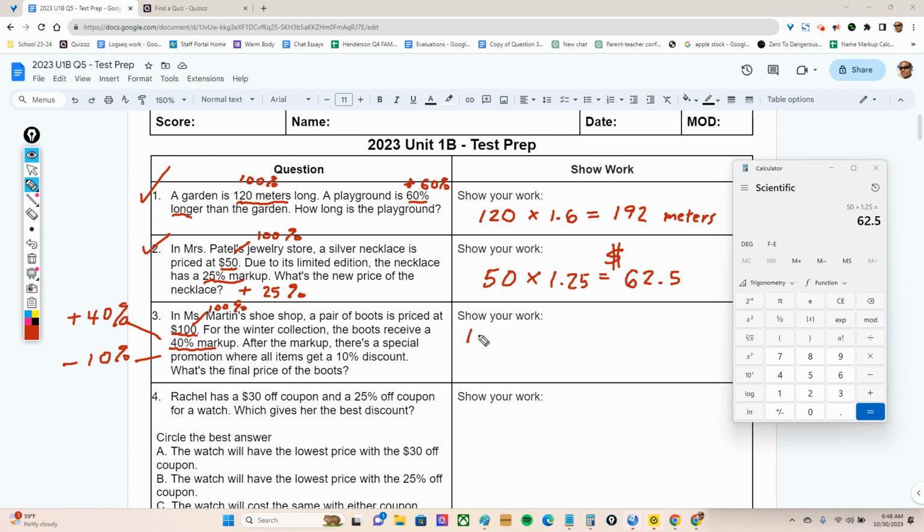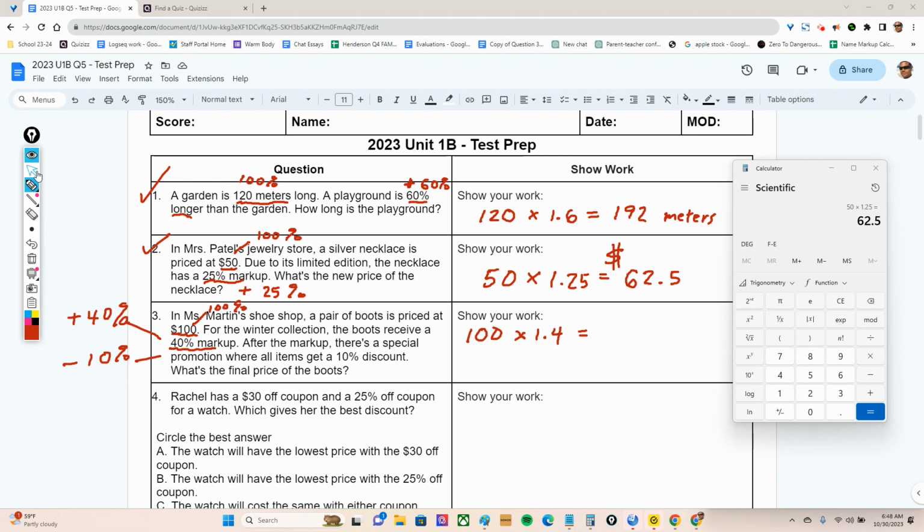So we got our $100 times 1.4. Okay, so we take $100 times 1.4, which is our 40% markup.